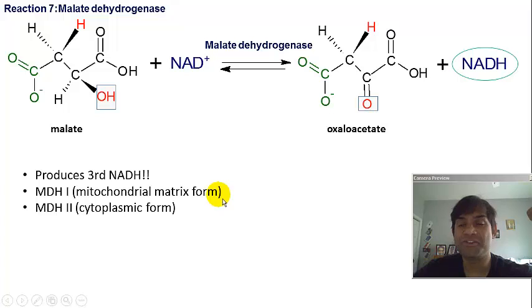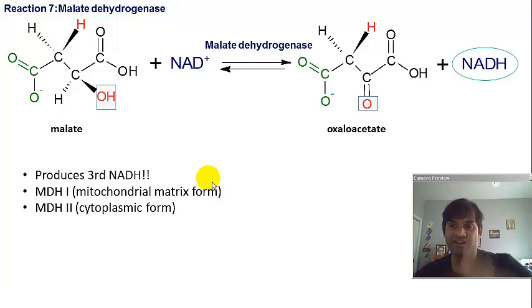The mitochondrial matrix form, the one involved in the TCA cycle, MDH2, malate dehydrogenase 2, favors the formation of oxaloacetate. That's just how the equilibrium is favored. And the cytoplasmic form, MDH1, favors the formation of malate and NAD+. So MDH2 and MDH1 work in synergy with the malate aspartate shuttle in getting reducing equivalents into and out of the mitochondrial matrix, specifically NADH.